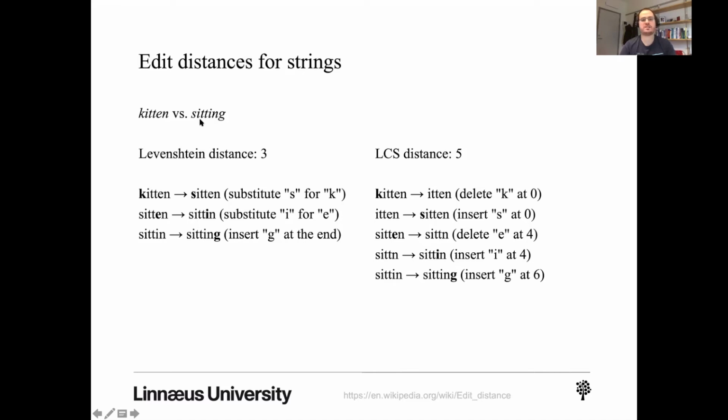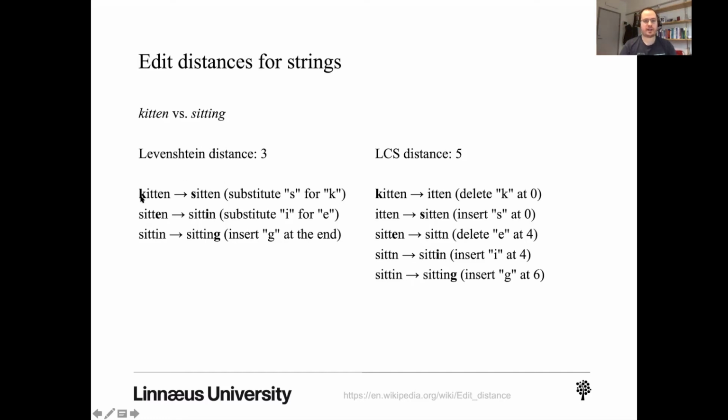So what's the edit distance from kitten to sitten, for example? Well, if you calculate the Levenshtein distance, then the first operation that you're doing is changing the K to an S. So kitten becomes sitten, which is not a word, but anyway, right? You just substitute S for K, and that has a cost of 1, right?